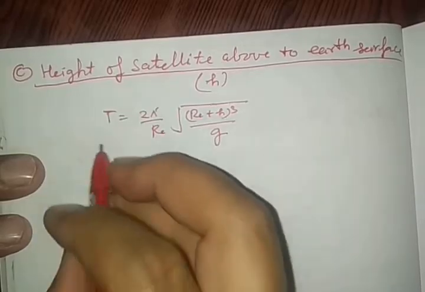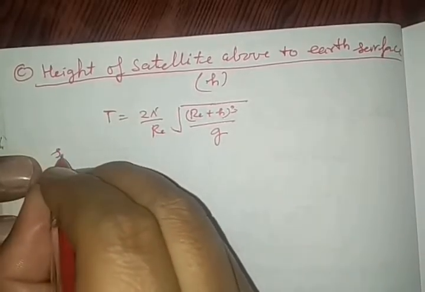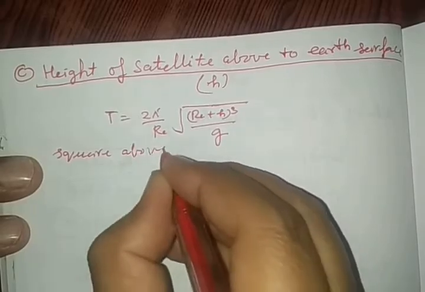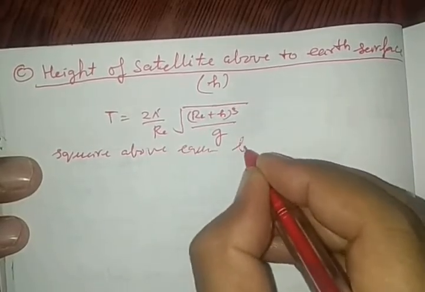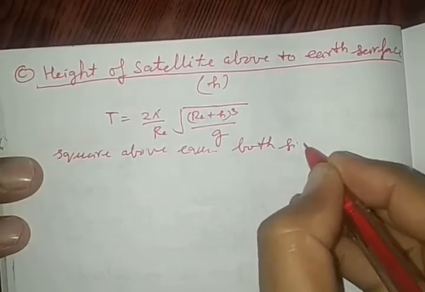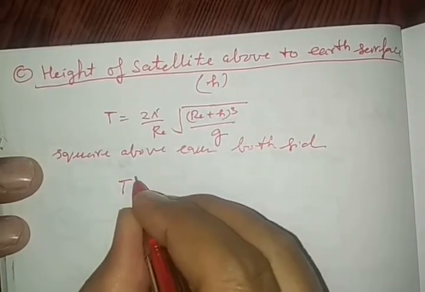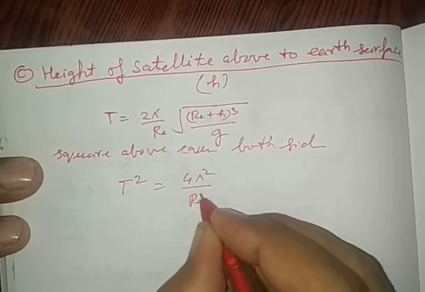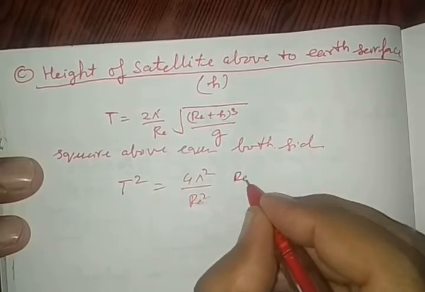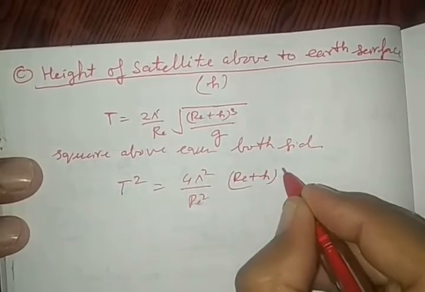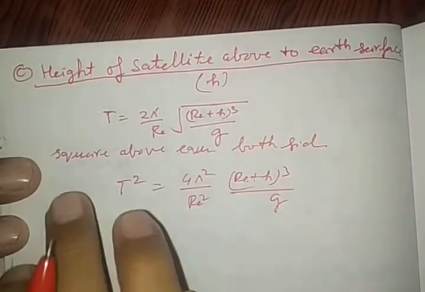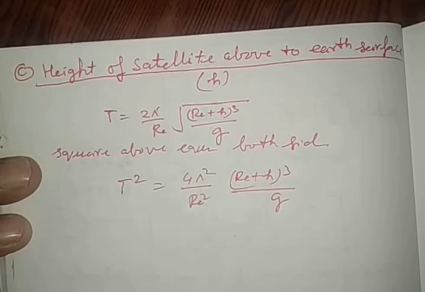We are going to square this equation on both sides. So T square will be 4 pi square by Re square, (Re + h) cube by g. So the under root will go off here.